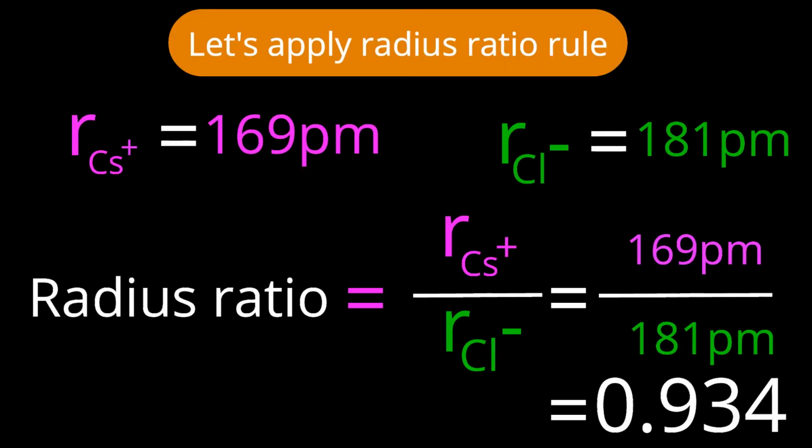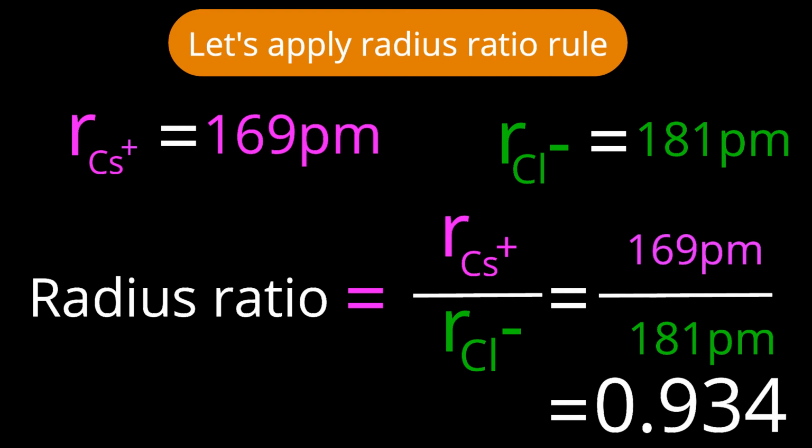Now let us apply the radius ratio rule for this example, cesium chloride. Sizes of cation and anion can vary from book to book, but these are the most acceptable values that I am considering. The radius of the cesium plus ion is 169 picometer and that of the chloride ion is 181 picometer.